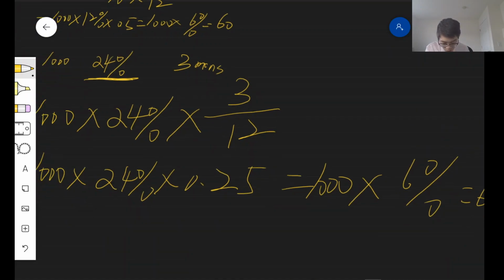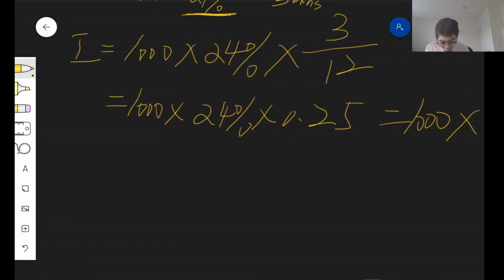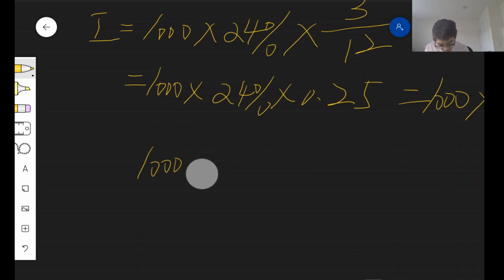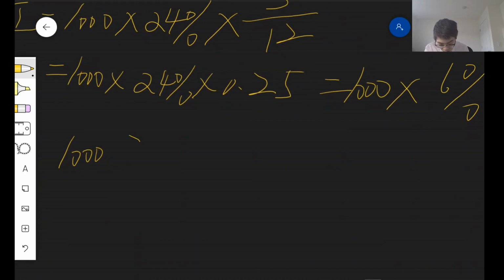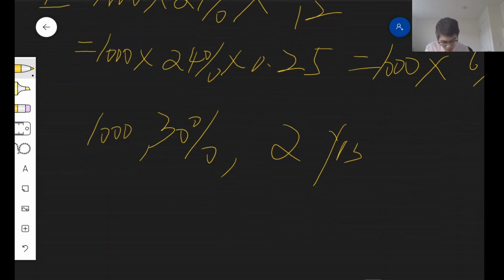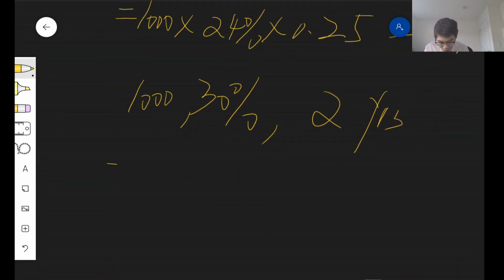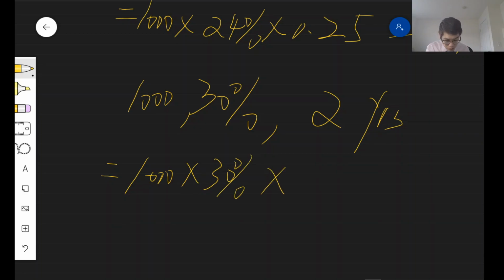All right. If we are using $1,000 at a 30% interest rate and use the money for 2 years, one way you can calculate interest is times 30% and then simply multiply by 2.